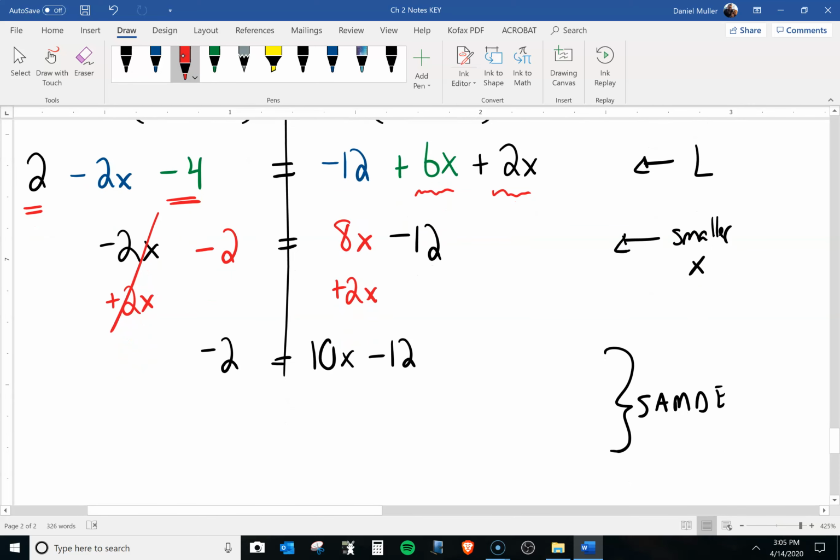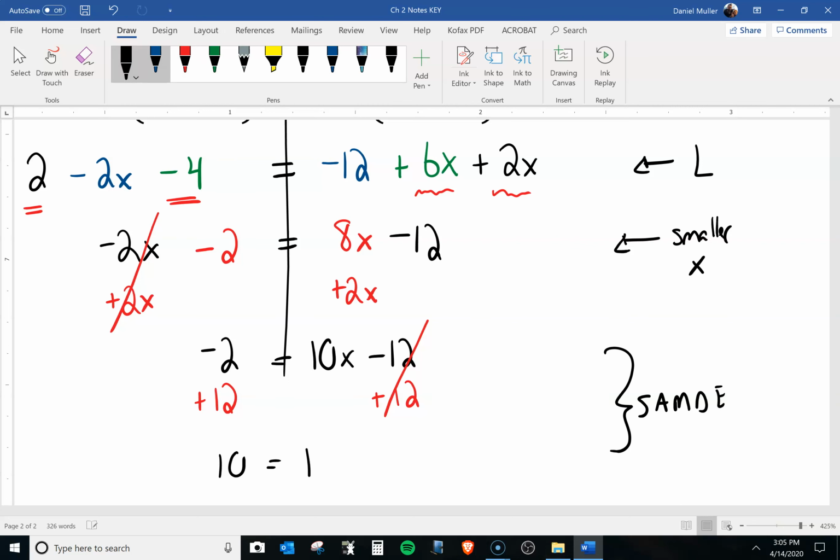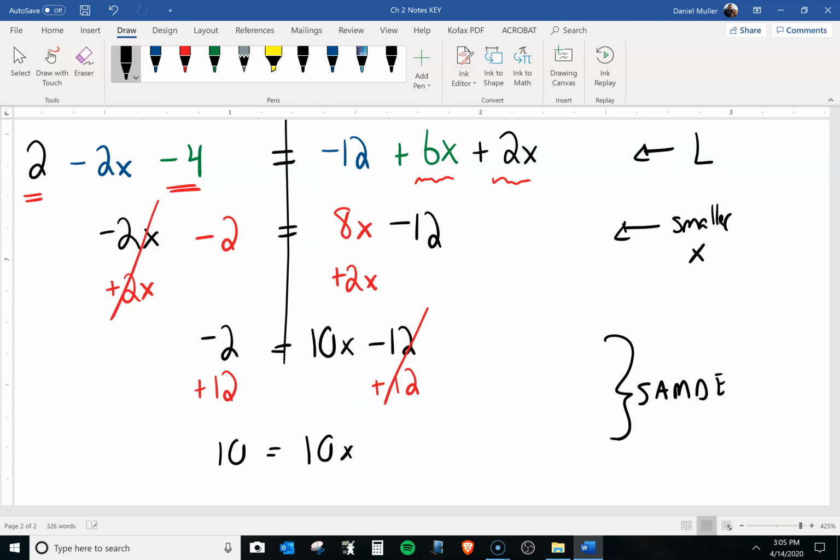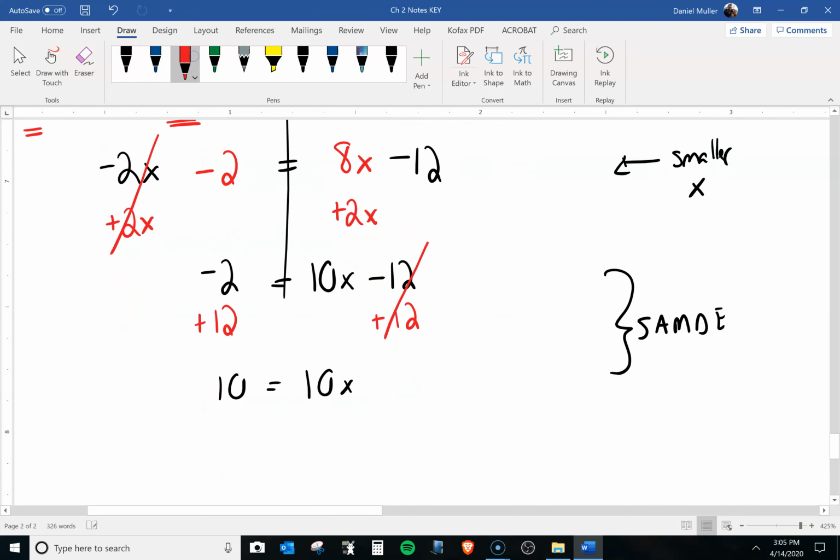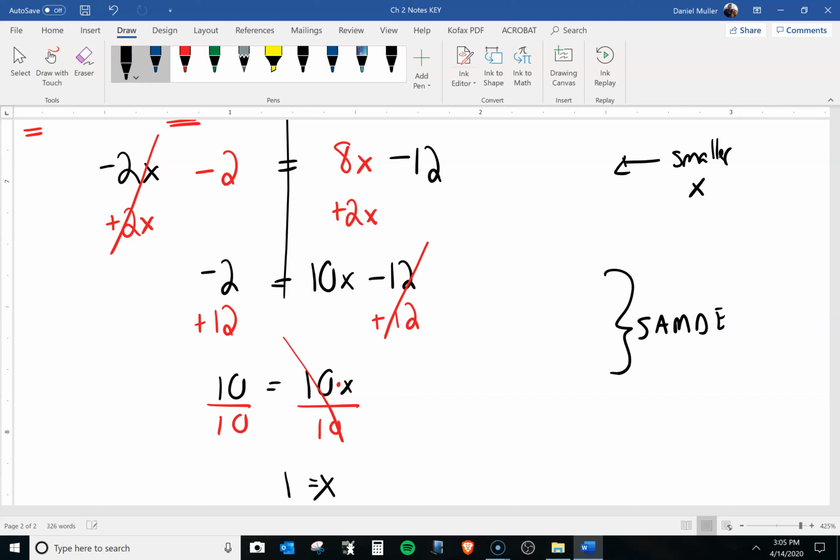So I see an add or subtract here first, so I will add the 12, and -12 and +12 will cancel out. 12 minus 2 is going to be a 10, equals 10x. And now this is a multiply, so I will then divide by 10. x is equal to 1.